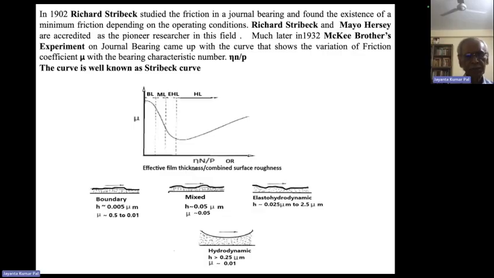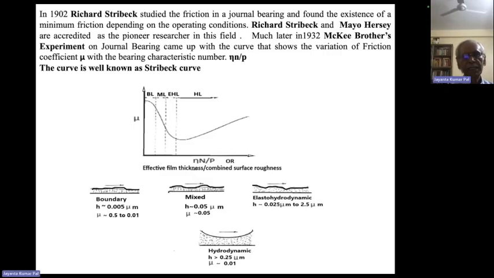This is probably the first time the lubrication regime was understood. Richard Stribeck and Mayo Hersey are accredited as pioneer researchers in this field.